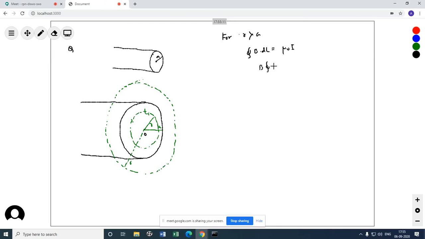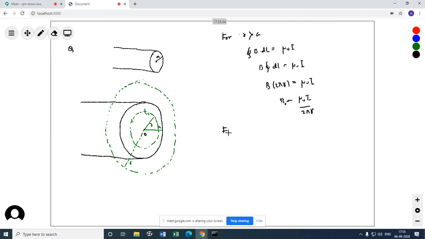Because if I do the integral of B dl equals mu naught I, correct? Yes, sir. Then this gives B times 2 pi R equals mu naught I, so B will be equal to mu naught I by 2 pi R. Very good. This is B outside. Are you getting my logic?